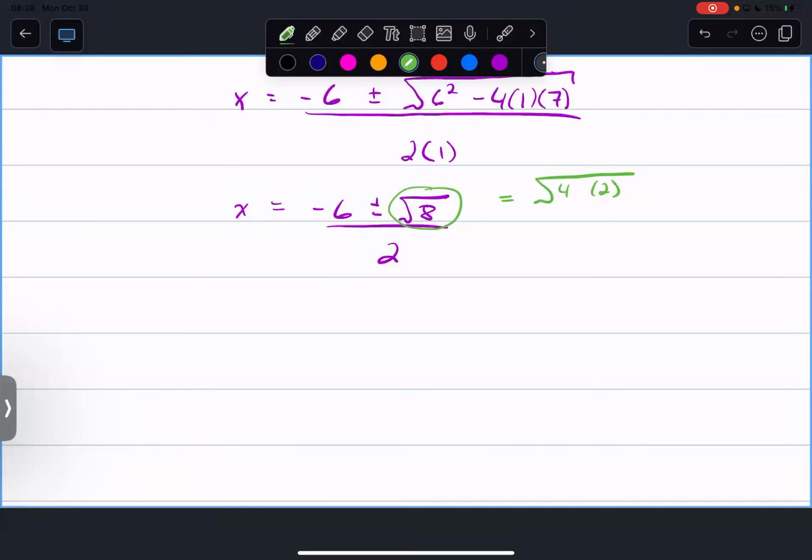So what's the trick? It was in the setup. Yeah, so if we do the square root of 8.